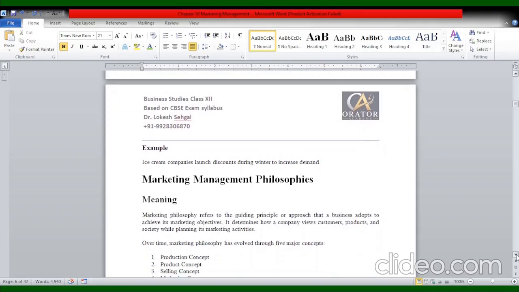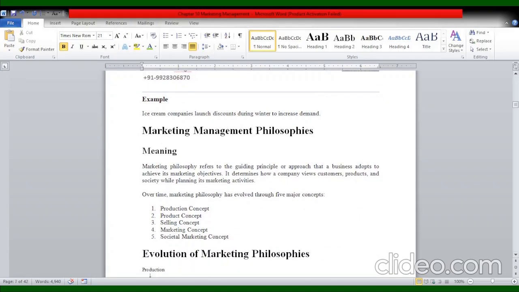Next, we are moving to marketing management philosophies. Marketing management philosophies relate to how our production concept increased with the passage of time, went through different stages and became the societal marketing concept.